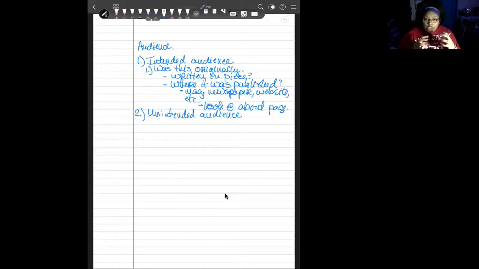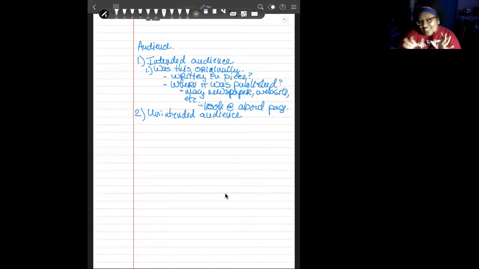So you want to formulate the audience based on where it was published. I want to look at the about page, who they think their audience is, because they're not going to publish something that isn't for their audience. That's the intended audience. So you want to look at the about page and formulate those inferences.